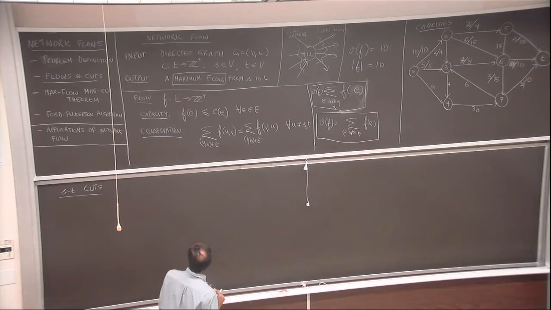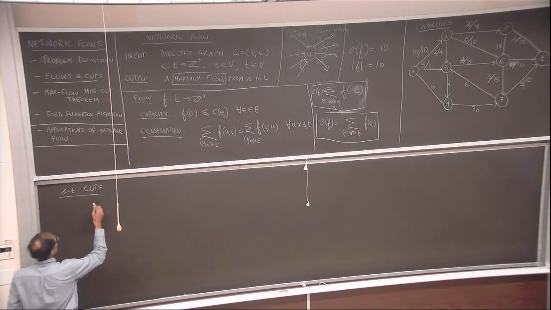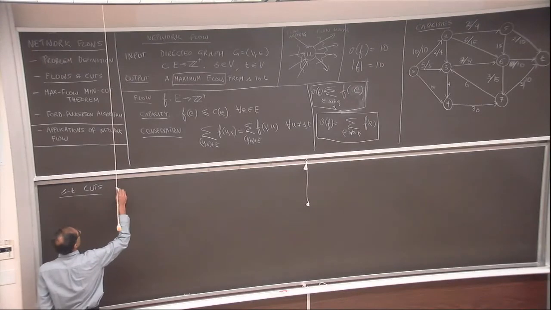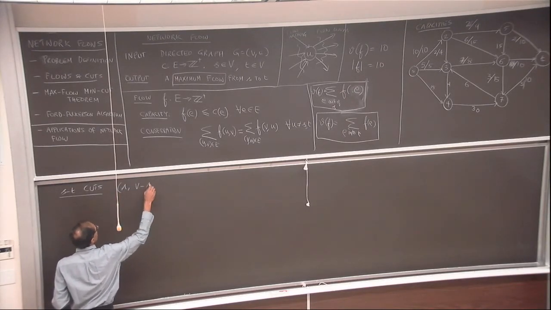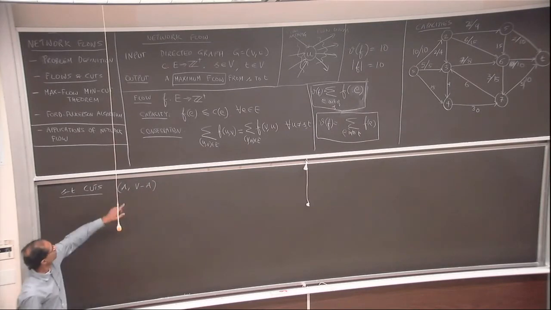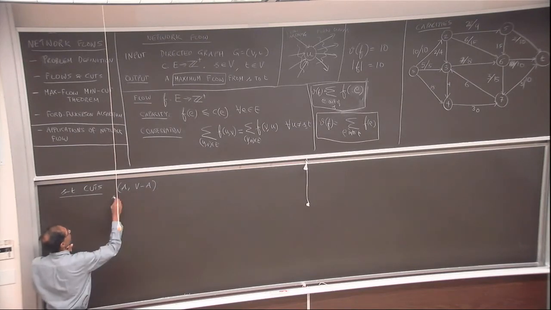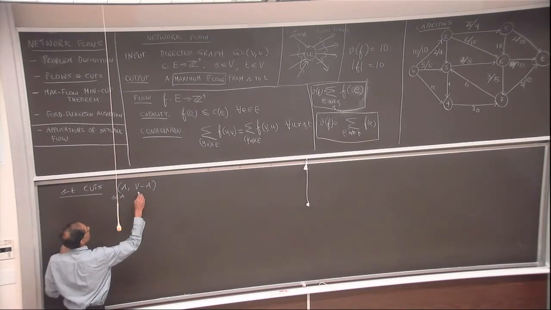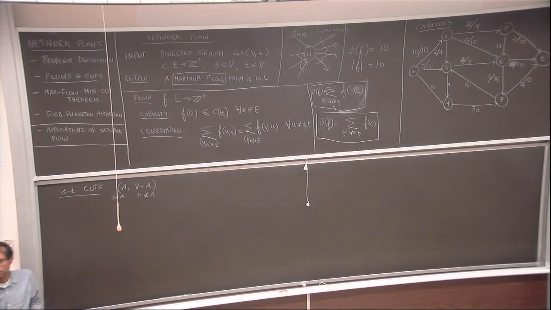Okay? So let's try to look at this situation. Let's define an S-T cut, sometimes you write it like this: A on one side, B minus A on the other side. S belongs to A, T does not belong to A. That's a cut.